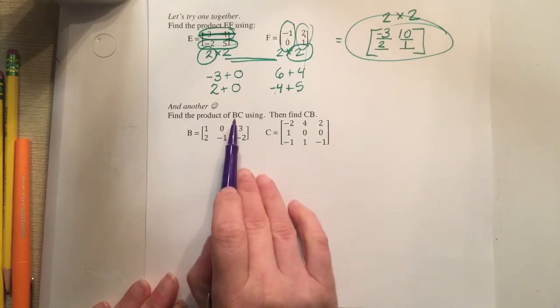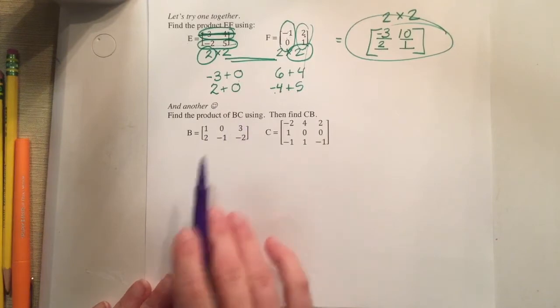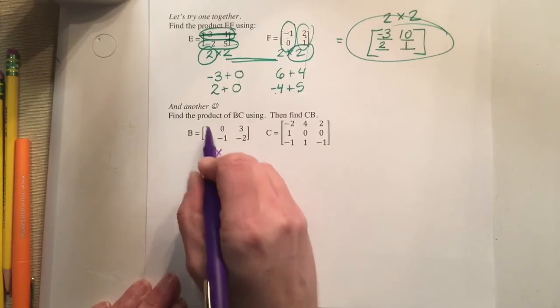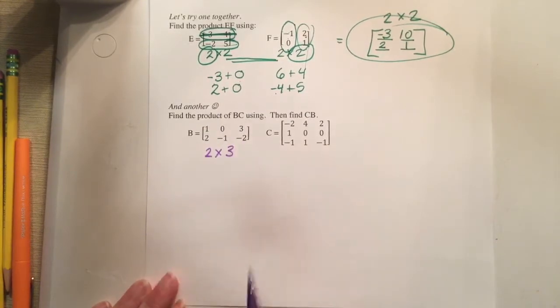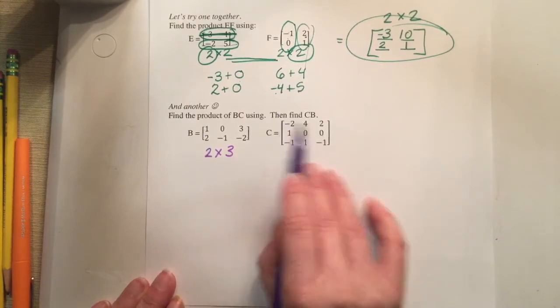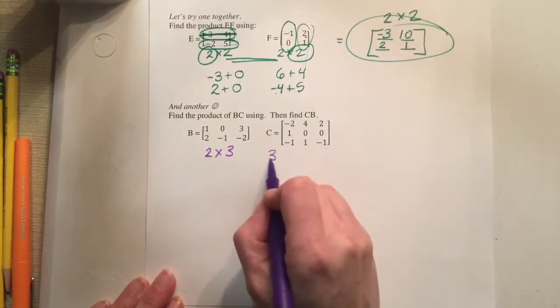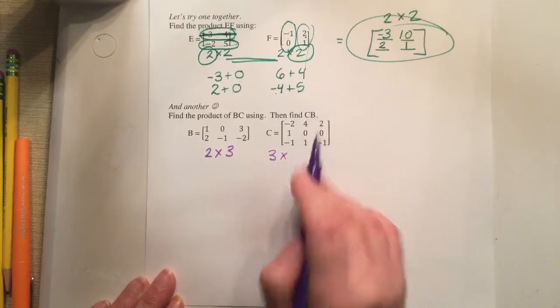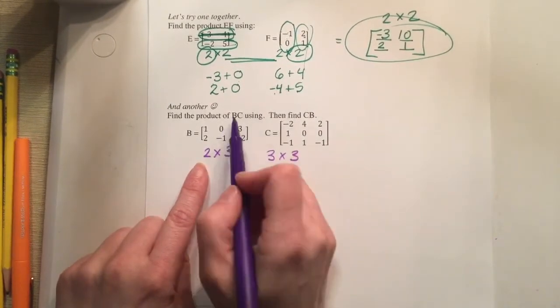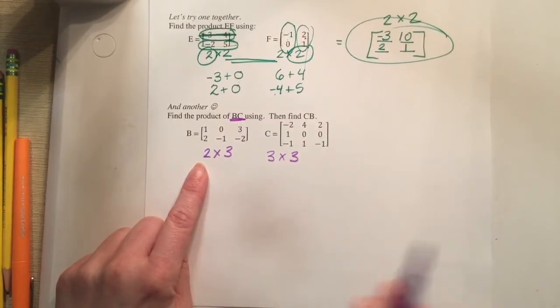So if you want to find the product of BC, B has dimensions 1, 2, by 1, 2, 3. So B has the matrix dimensions, it's a 2 by 3. C is a 1, 2, 3 by 1, 2, 3. So if I am multiplying them in this order, BC, okay, that's the product that they want us to find.